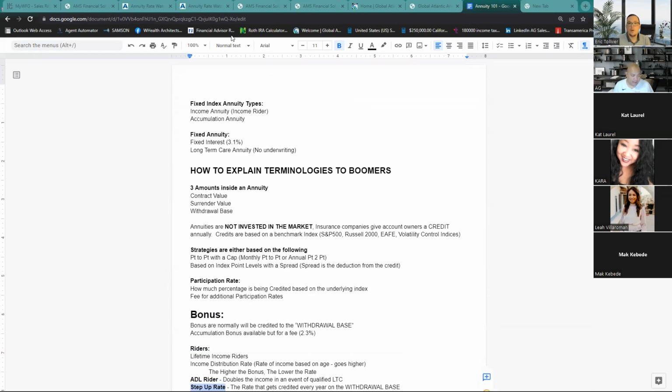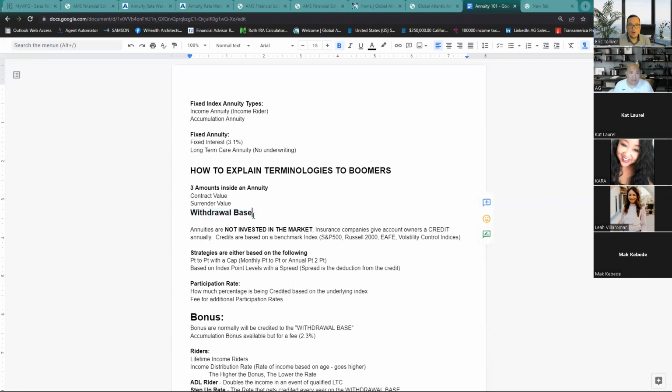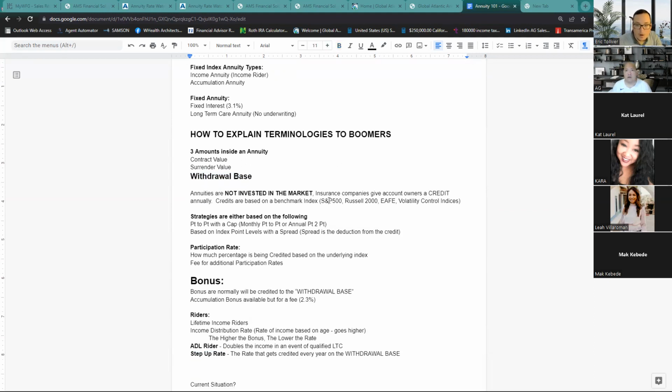These are again the withdrawal base. Most of the stuff they will talk about is normally for the withdrawal base, not the contract. The contract is always just based on the performance of the underlying index, and you get a credit. So just know that these numbers that have a bonus or a step-up, that's not their money.